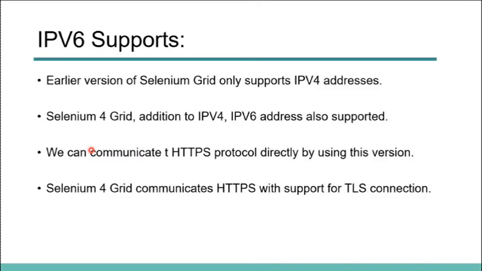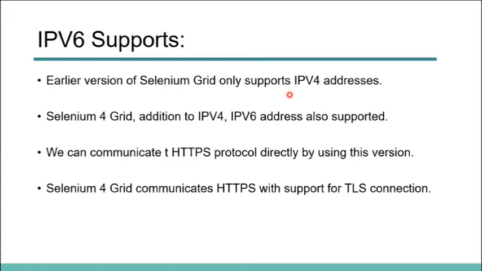Let's see another feature in Selenium Grid. It supports IPv6. The earlier version of Selenium Grid only supported IPv4. It does not support IPv6 addresses. If you want to learn more about IPv4 and IPv6, you can go to my network protocol tutorials.